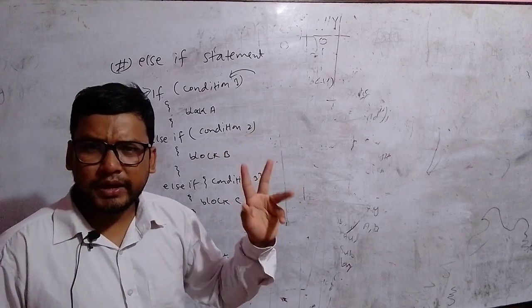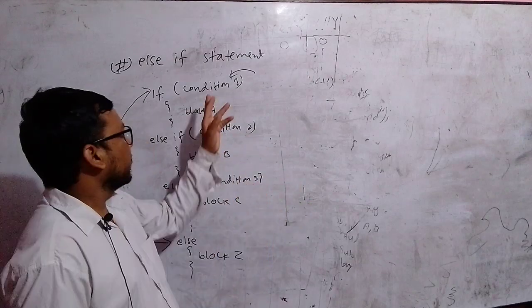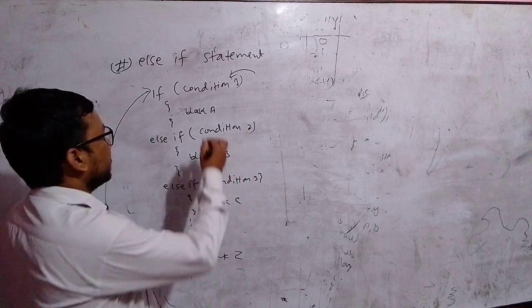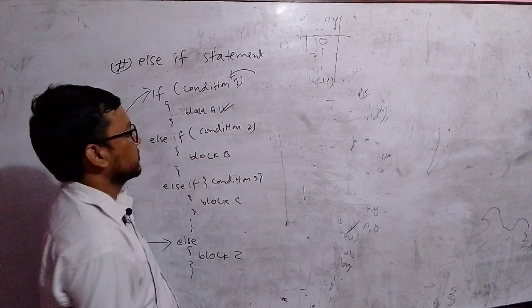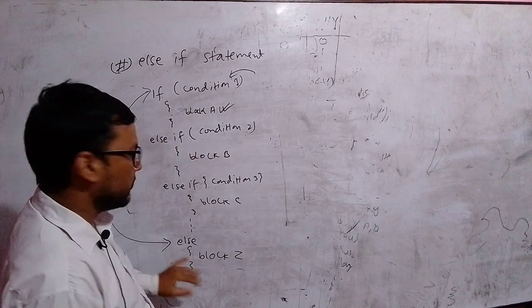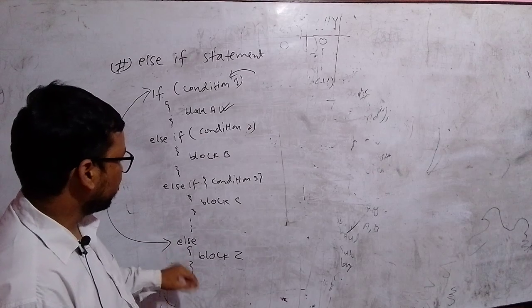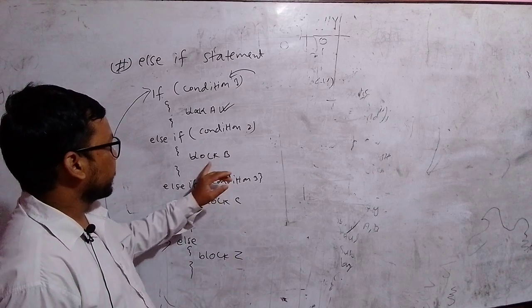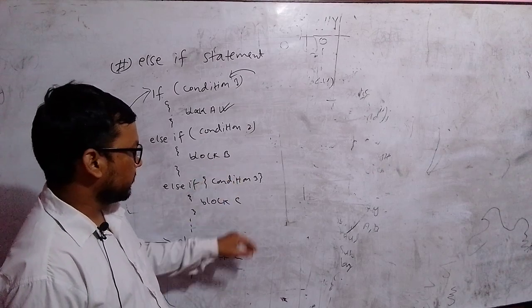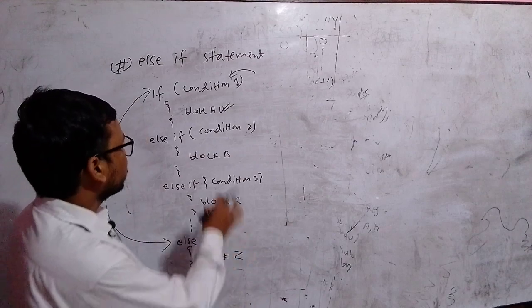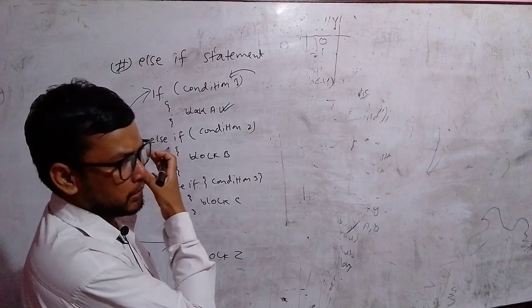Conditions can have two values, 0 and 1. If the condition has value 1, a true condition, then block A will be executed and the remaining statements will be skipped. No execution of block B, no execution of block C, and no execution of block Z, and so on. That means only block A will be chosen to execute.